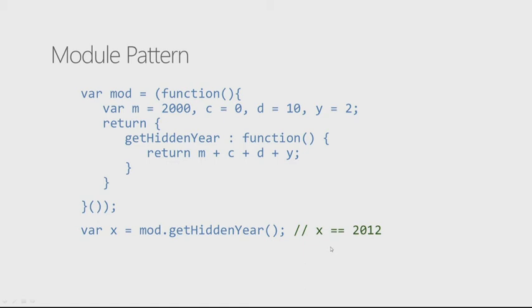So this is an opportunity for developers to explicitly create what they want exposed outside of that immediate function, and yet keep everything else hidden away. And you'll notice that we're also making use of what would be known as an anonymous function, because we didn't provide it a name.